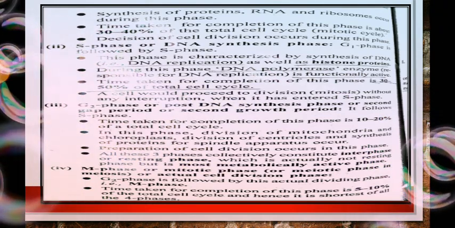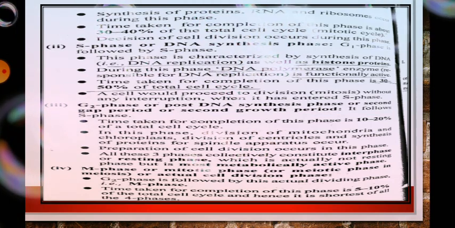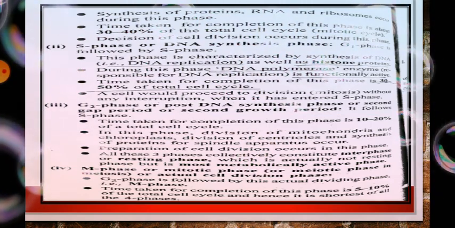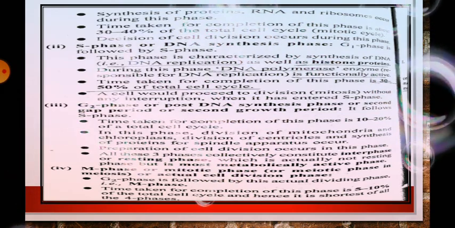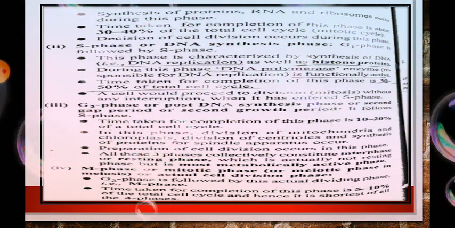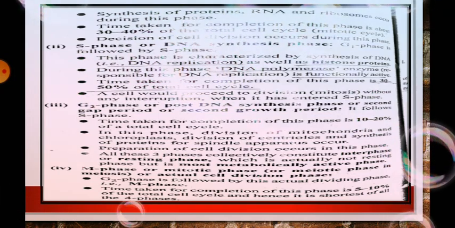It follows the S phase, because after the completion of the S phase, the cell comes to the G2 phase. The time taken for the completion of this phase is 10 to 20% of the total cell cycle.